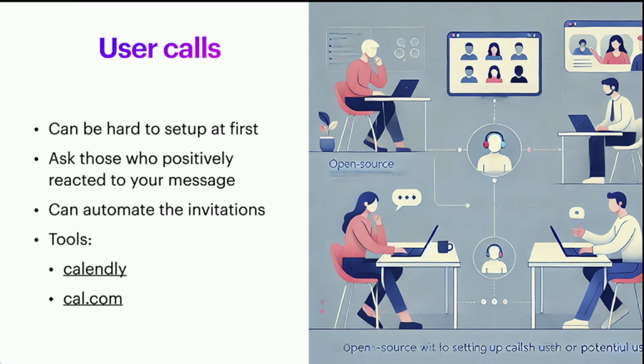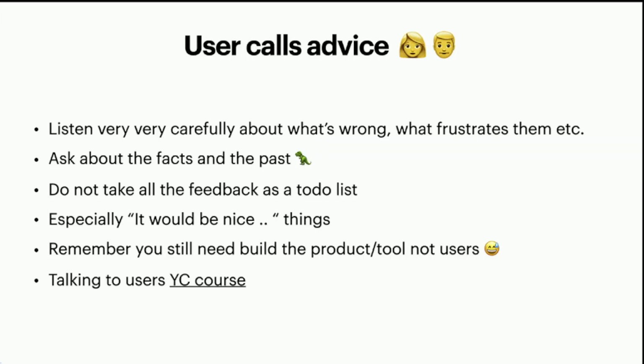Probably a lot of you know Calendly. Most of you. Cal.com is a newer, I think cheaper, version of this. If you start paying for Calendly, you can probably switch to Cal.com. It's one of the alternatives which is doing quite well.